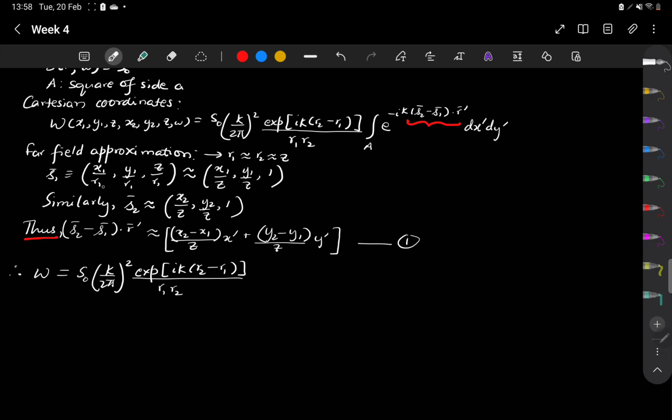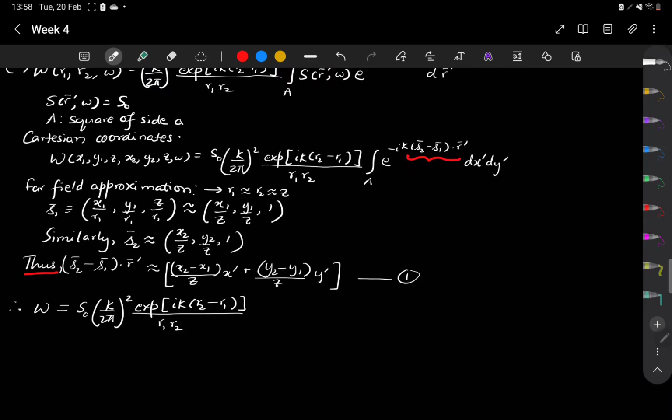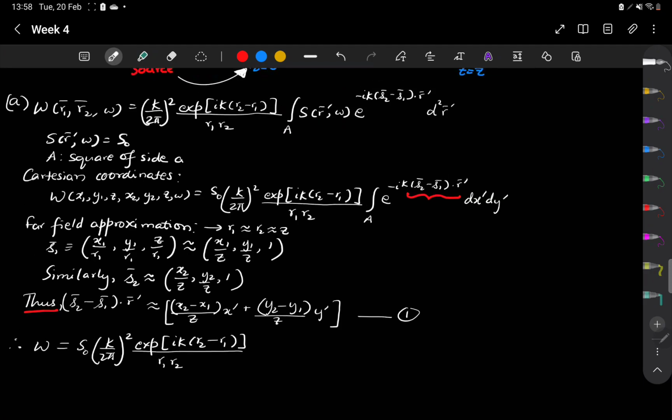Notice that we are replacing R1 with Z only when we are looking at these terms x1 over R1 or x2 over R2. Why? Because the R coordinate is much larger than the x coordinate, and that's why we are replacing it with Z, which is also much larger.